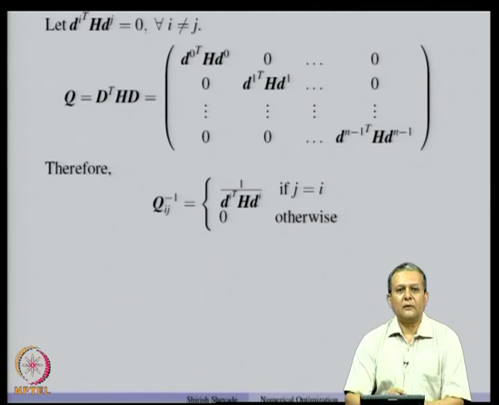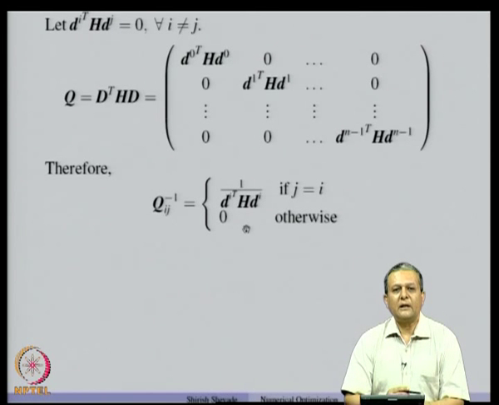Remember that whenever we want to minimize a convex quadratic function half x transpose H x plus c transpose x, assuming that H is a symmetric and positive definite matrix, what we do is take the gradient of the function and set it to 0.